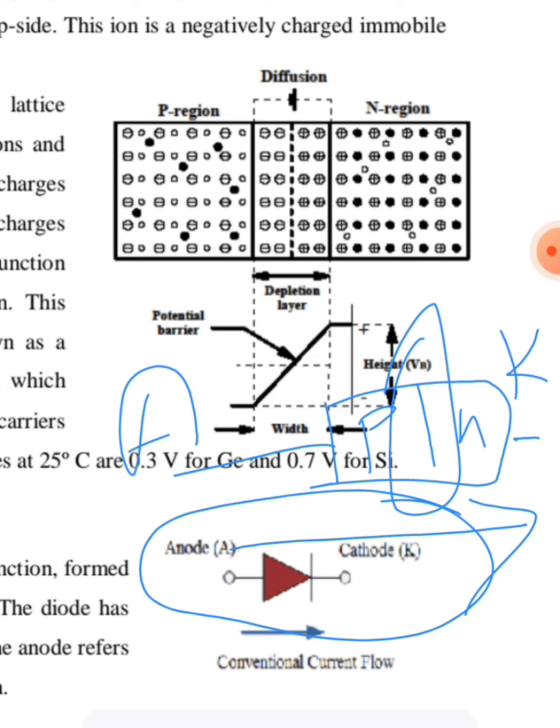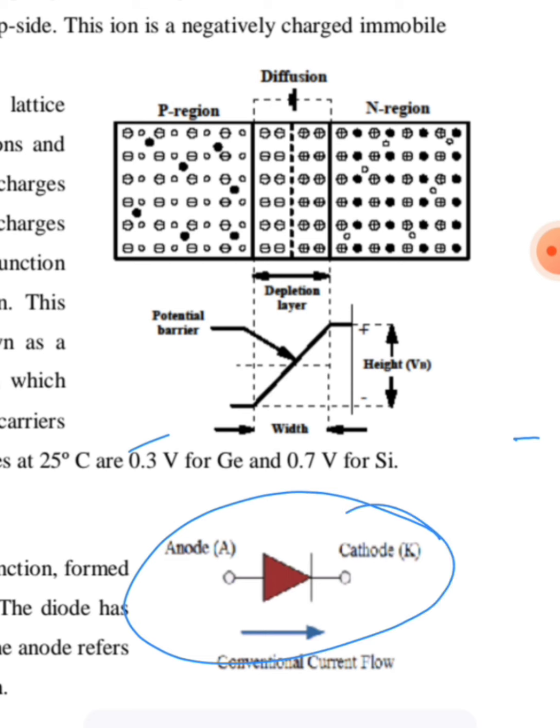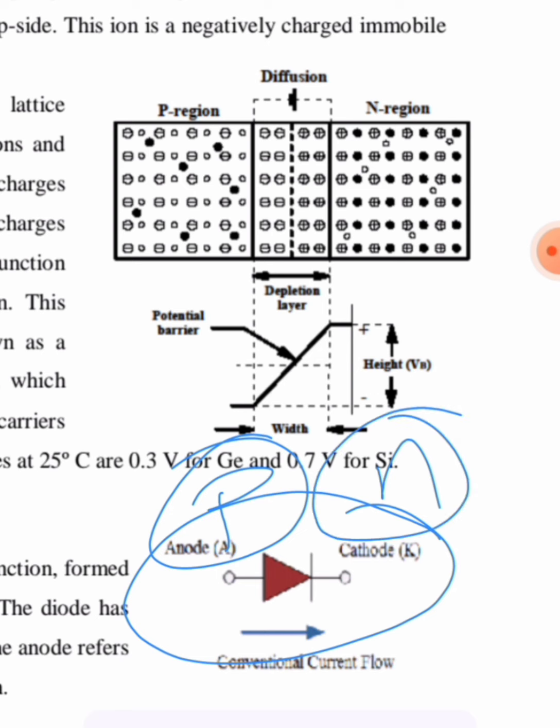That is, the conventional current will always flow in this direction as shown in the diagram. This is the symbol of a diode, where this is the P side and this is the N side, and the terminal towards the P side is called the anode, denoted by A, and the terminal towards the N region is called the cathode, denoted by K.